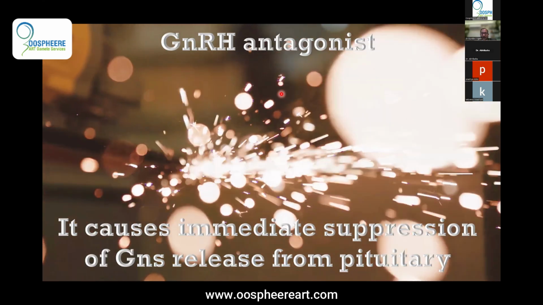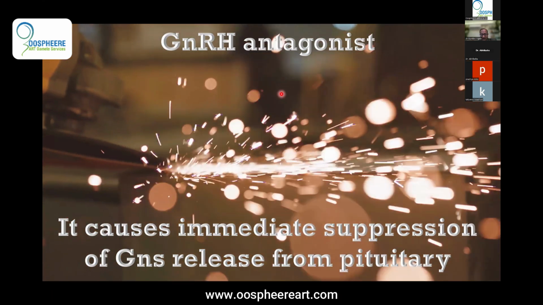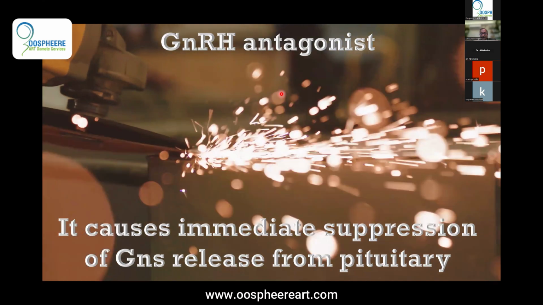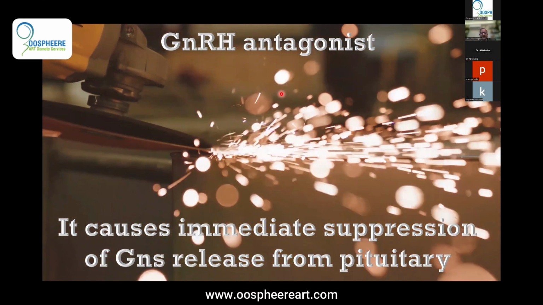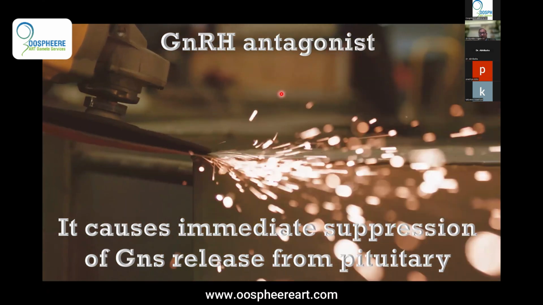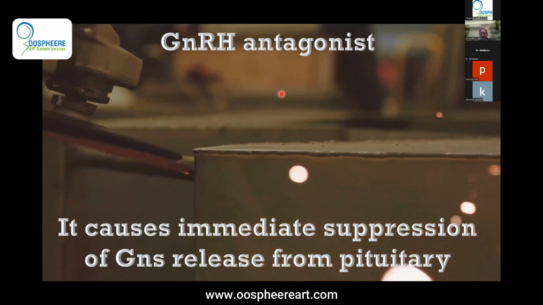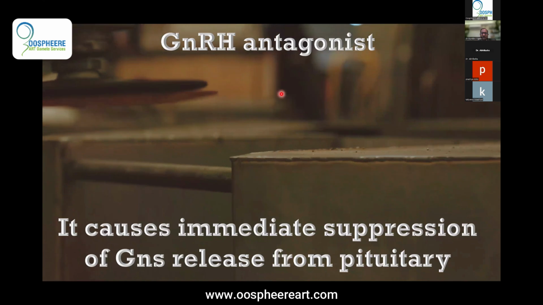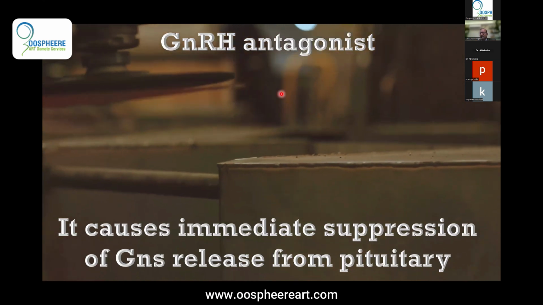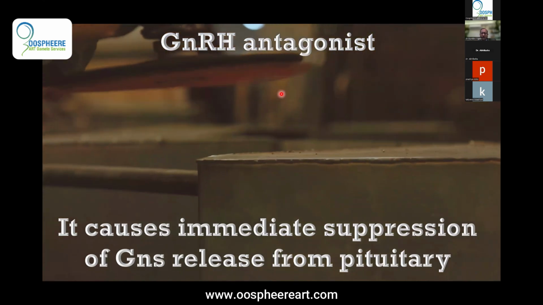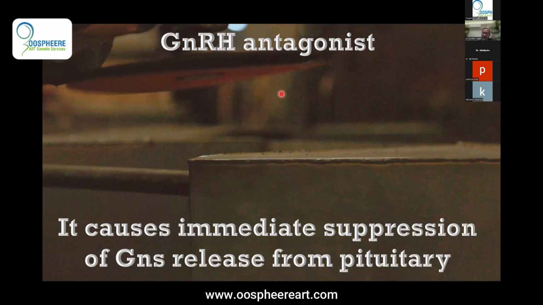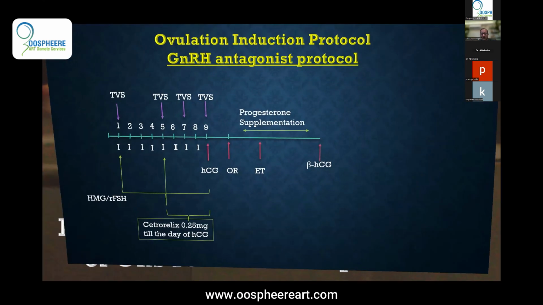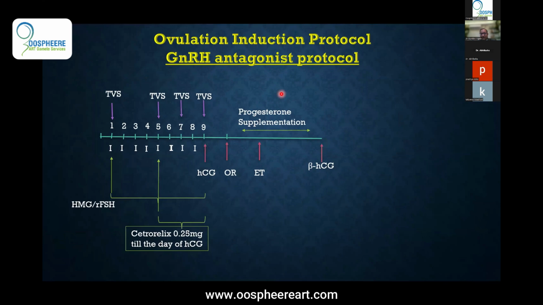Now, the GnRH antagonist is another molecule. Its molecular structure antagonizes the receptor, meaning it blocks the receptor immediately, and it causes immediate suppression of gonadotropin release from the pituitary within, say, a maximum of 3 to 5 hours. It will act and completely block the production of FSH and LH. But compared to the agonist, antagonists do not have a flare effect.